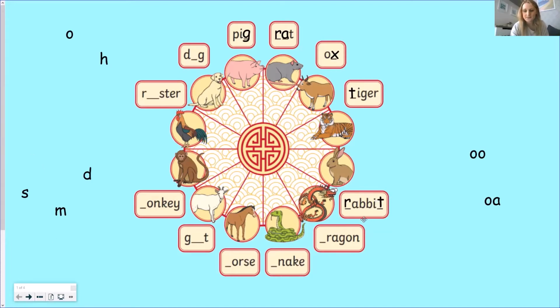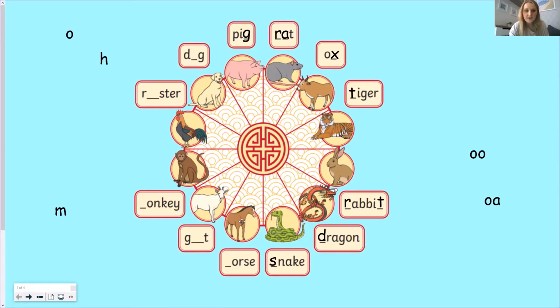There we go. Down here, of course, one of the most famous animals for Chinese New Year, the dragon. Dragon. There we go. Down here we have, it was our first sound that we ever learned in reception, snake.